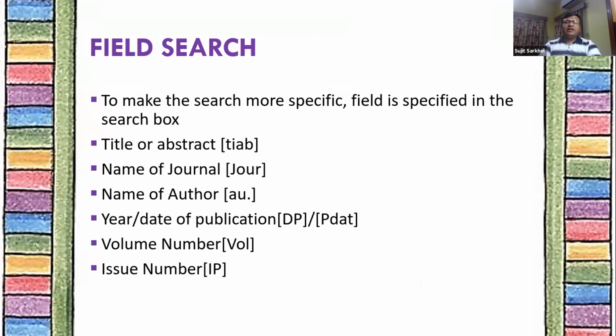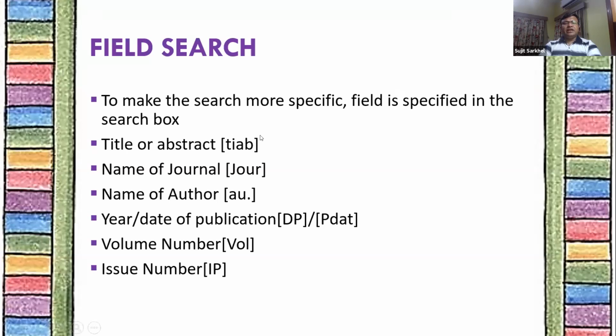This is a field search. Field search is basically you look for the same phrase, but within very specific fields, and you have to specify it within your search. Supposing you want the PubMed search engine to look for major depressive disorder within title or abstract.